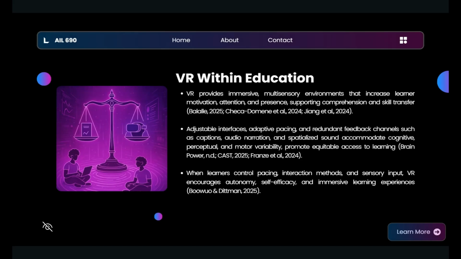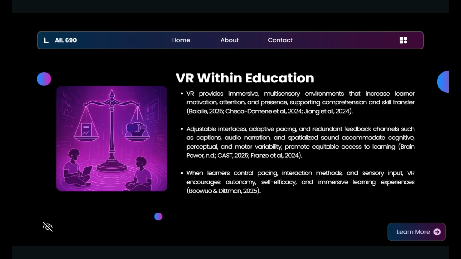So, research states that virtual reality provides immersive, multisensory environments that can increase learner comprehension and skill transfer. This relates back to immersive learning and embodied cognition. These frameworks provide evidence of hands on activities connecting mind and body.